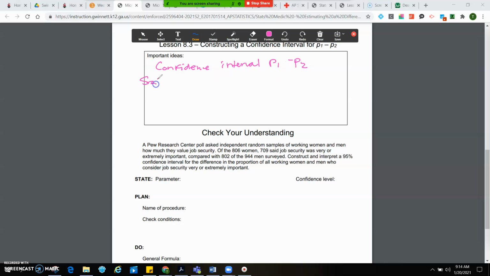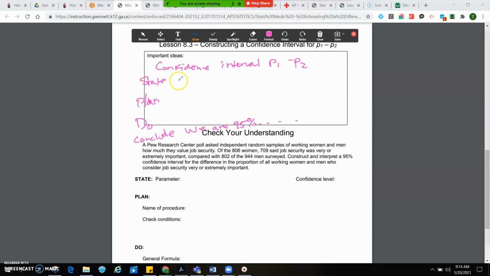So you're always going to state, this is the 4-step process. You're going to state, plan, do, and then conclude. And then on that last paper, we actually didn't conclude. We would have said we are 95% confident, and I told y'all to write down that statement. So you would always conclude at the very, very end.